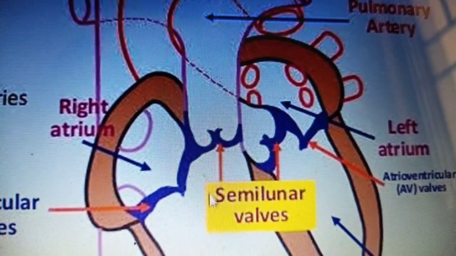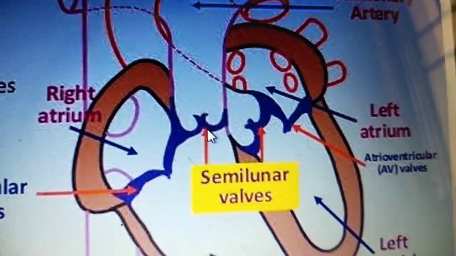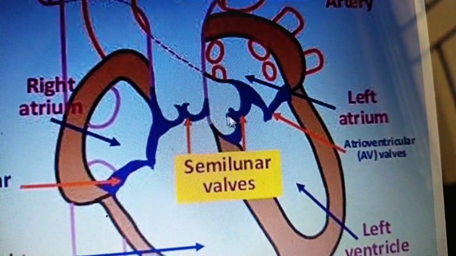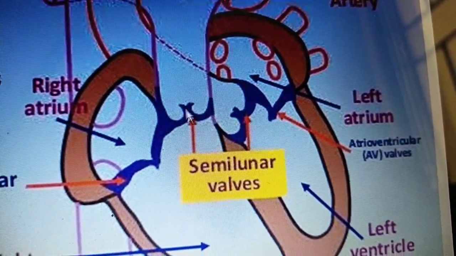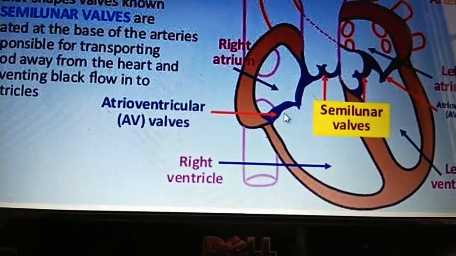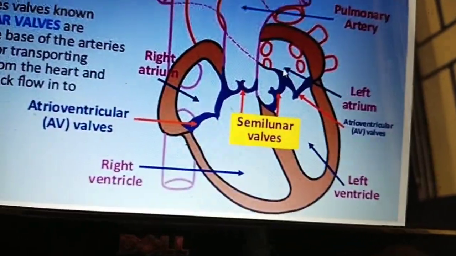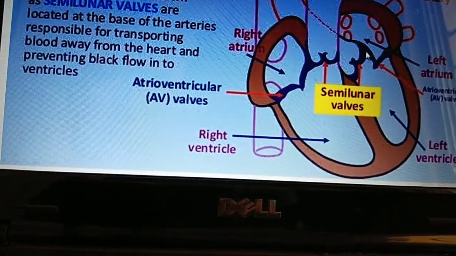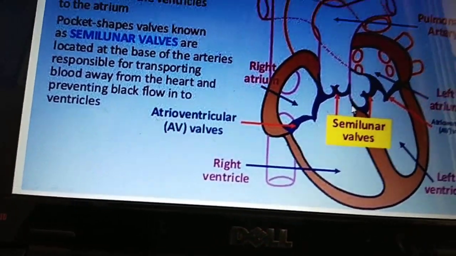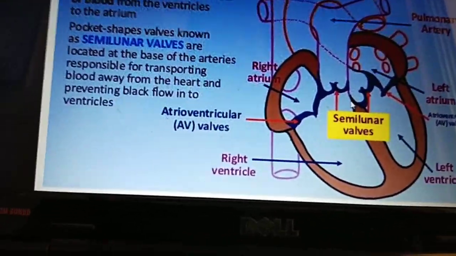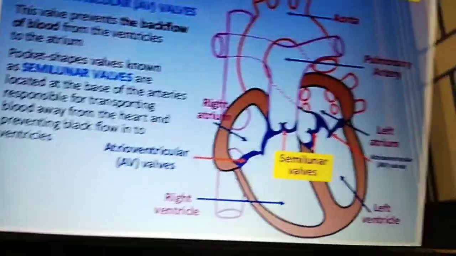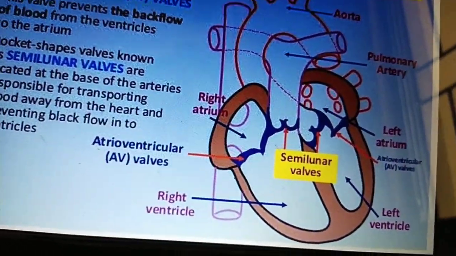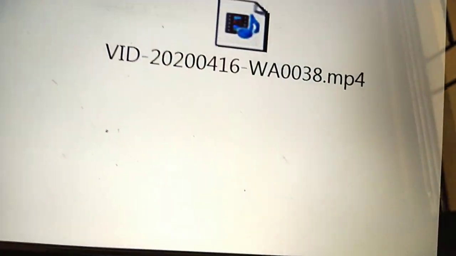This is the pulmonary trunk and this is the aortic root of the aorta. These two are the semilunar valves and these are the atrioventricular valves. On the right side the atrioventricular valve is tricuspid, on the left side it is bicuspid. Tri means 3 cusps. Bi means 2 cusps.